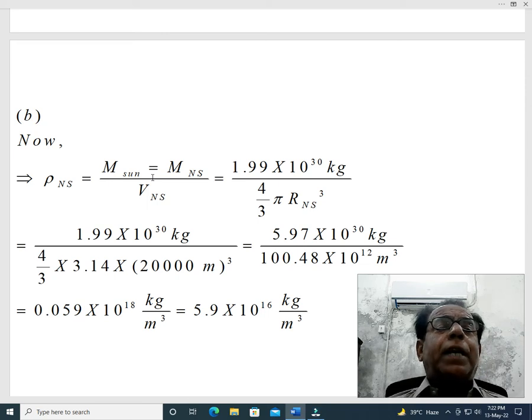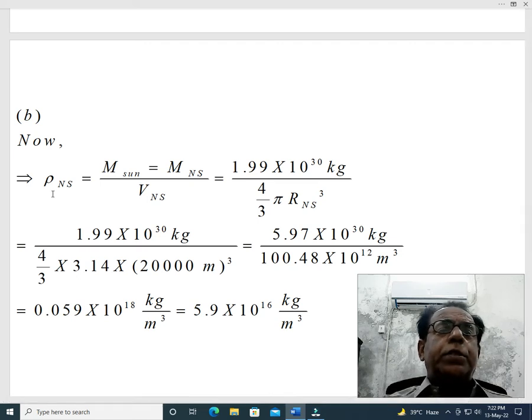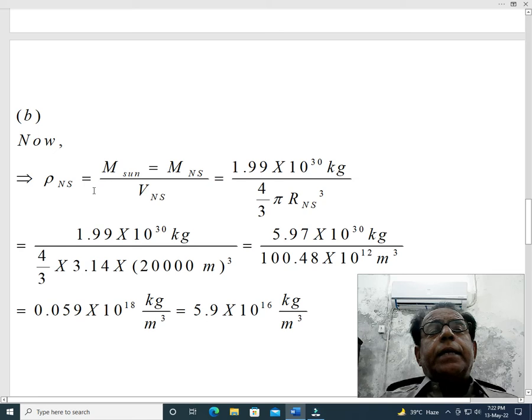And the mass of the sun is given in the table which we have shown in the earlier part of this video. So the density of the neutron star, that is rho ns, where ns is written as a subscript of rho, is equal to the mass of the sun or the mass of the neutron star, because both are equal, divided by the volume of the neutron star.